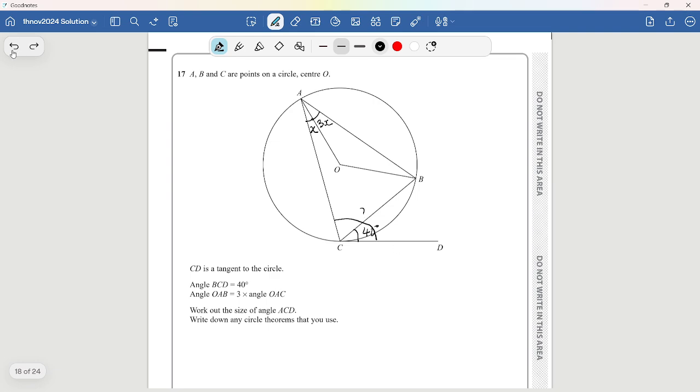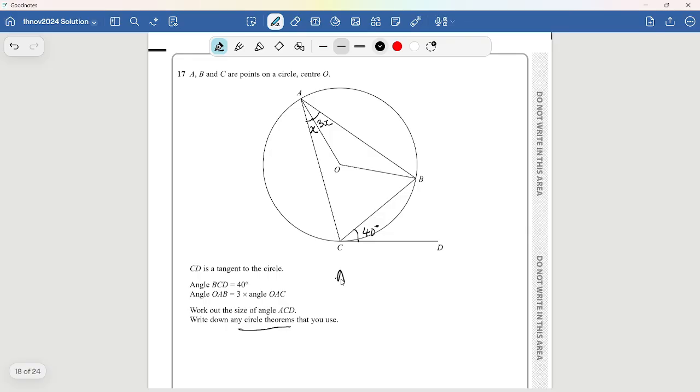So let me start with this now. With the information we have got here in the question and using any of the circle theorems, what can we actually do here? Well, I see there is a tangent here, there is a chord, there is angle here.